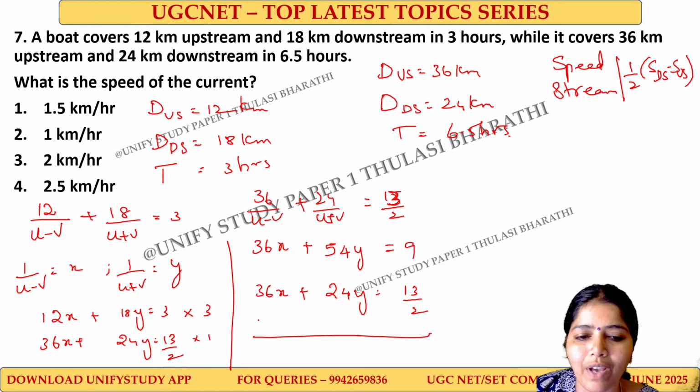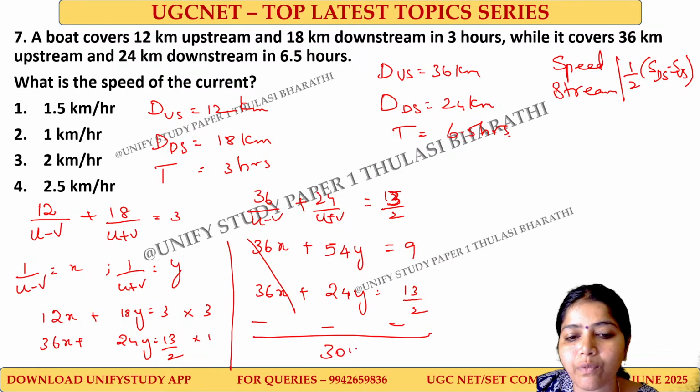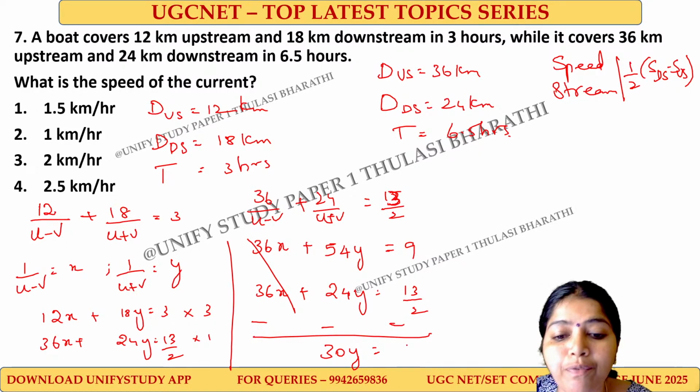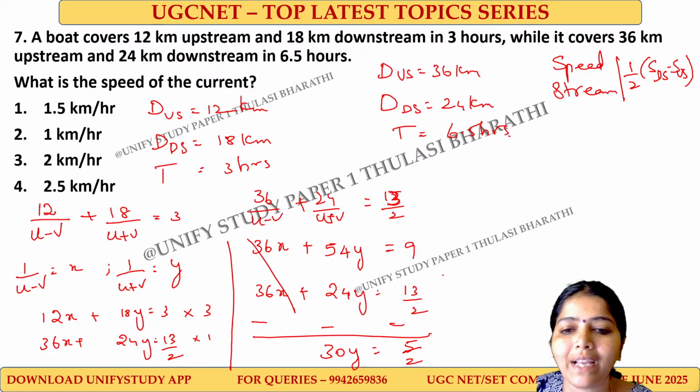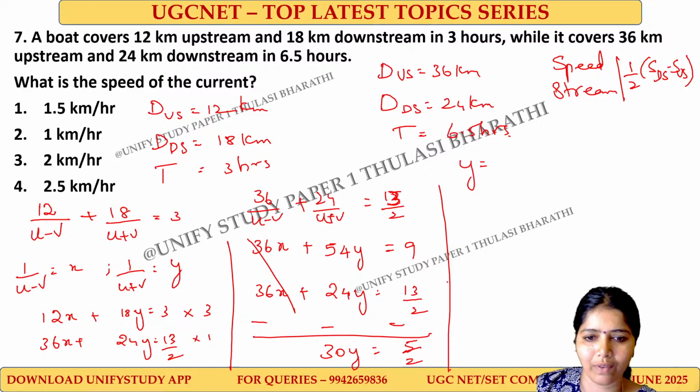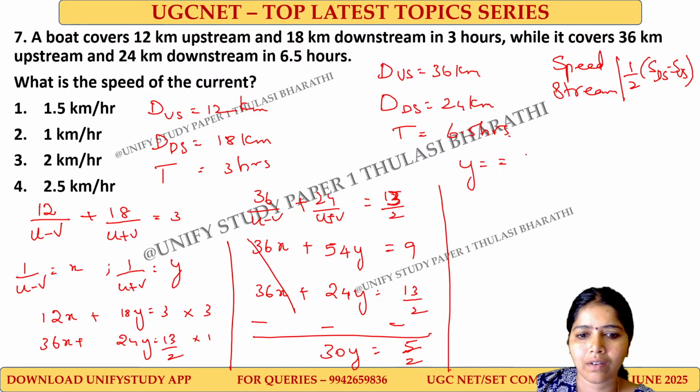Simple, what we have to do, we have to subtract and then we can cancel this. This becomes 30y and this becomes 9 minus 13 by 2, is 5 divided by 2. Okay, 5 divided by 2. So now what happens? Y is equal to, where we can calculate as, am I right? Yes.